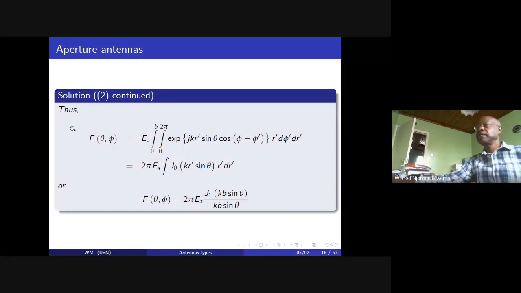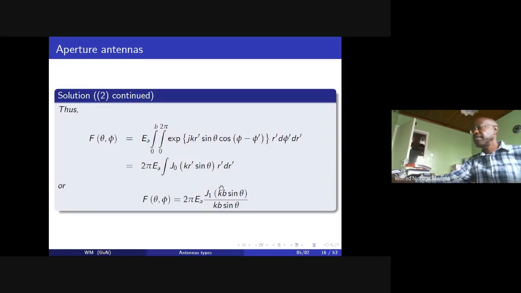And therefore, when you get the pattern function as the integral over the radius and over the azimuthal angle, we get that value, where we are using the Bessel function of the first kind and order 0 for that particular case. And then, I've used an identity for the integral, so we'll get a value of J1(kb sin theta).